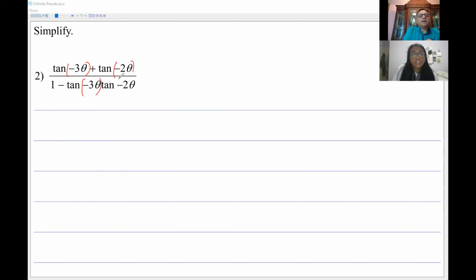Can you tell me tan minus 3 theta plus tan minus 2 theta over 1 minus tan minus 3 theta, tan minus 2 theta should be what? So you're using the tan A plus tan B, where A and B is minus 2 theta, and we know this is tan A plus B, right? So just plus them.